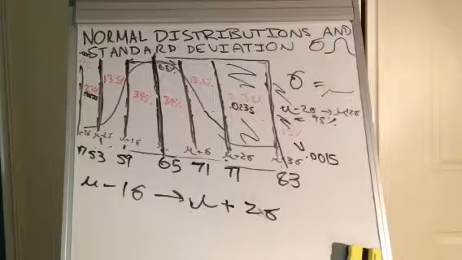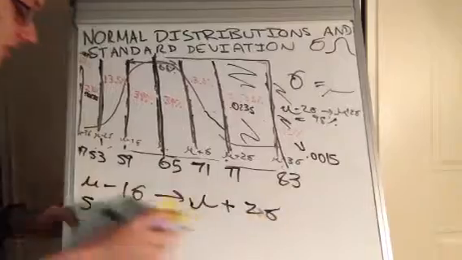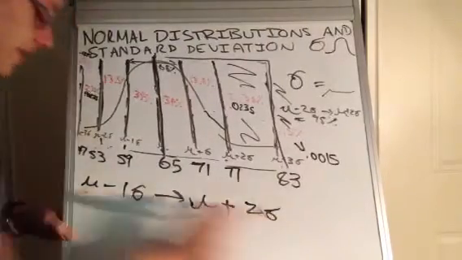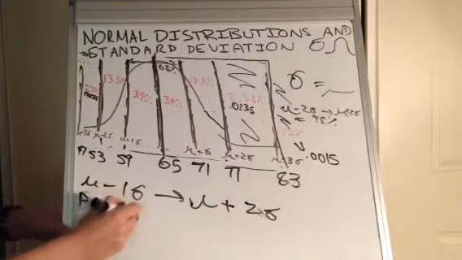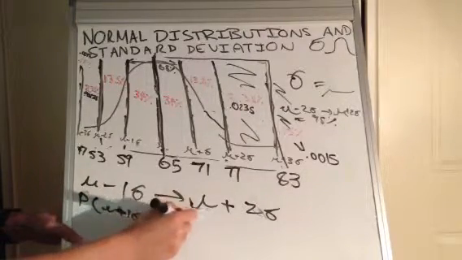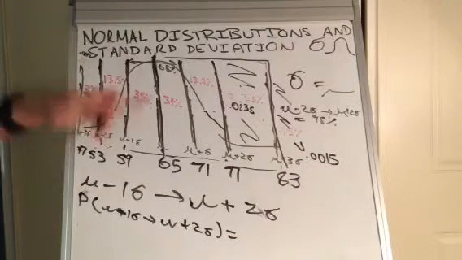In order to solve this, we just get the sum of probabilities between that. So we'll have the probability of something lying between the mean take one standard deviation to the mean plus 2 standard deviations. And it's going to be the sum of this.